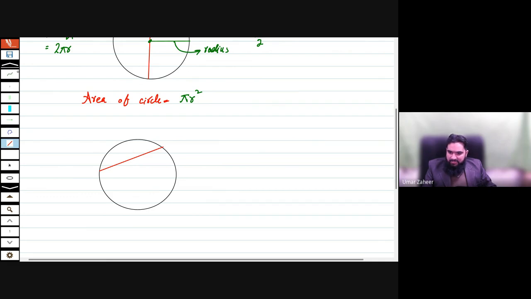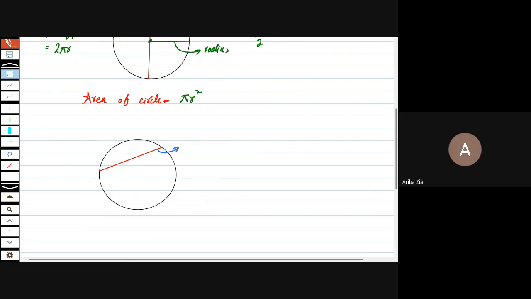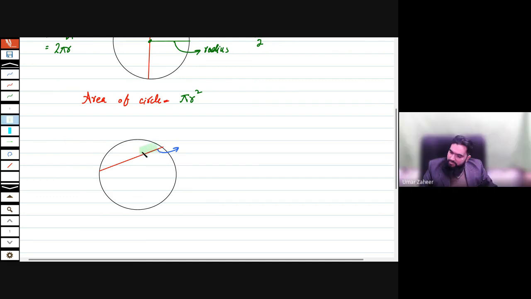Yes, Ariba, what is the name of this one? A line that passes from circumference to circumference, but is not going to pass through the center. It's a segment.